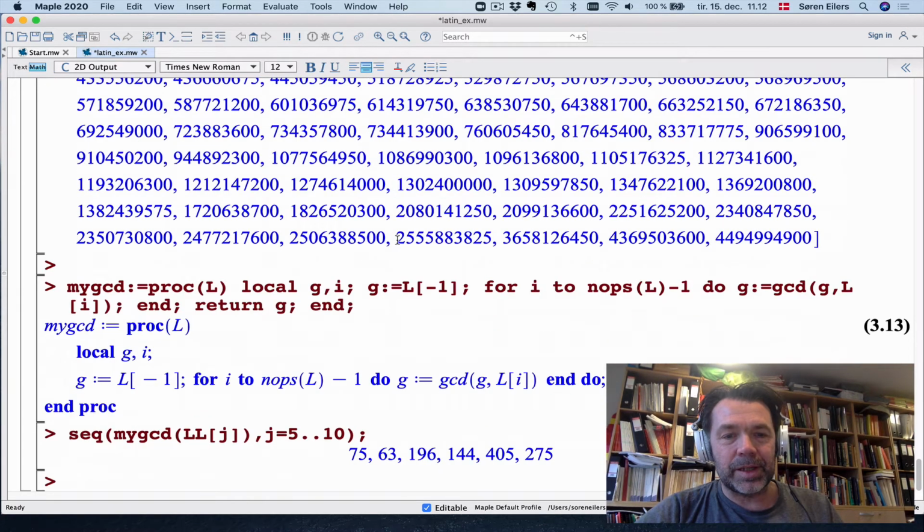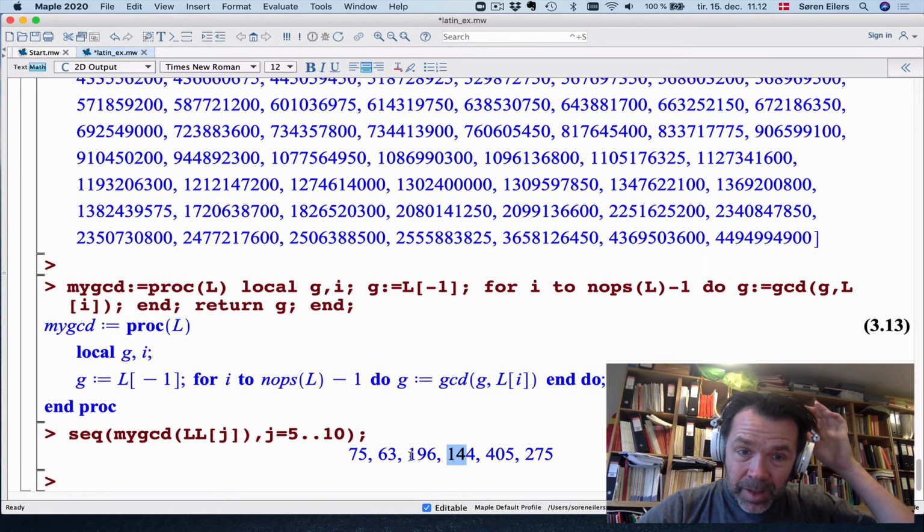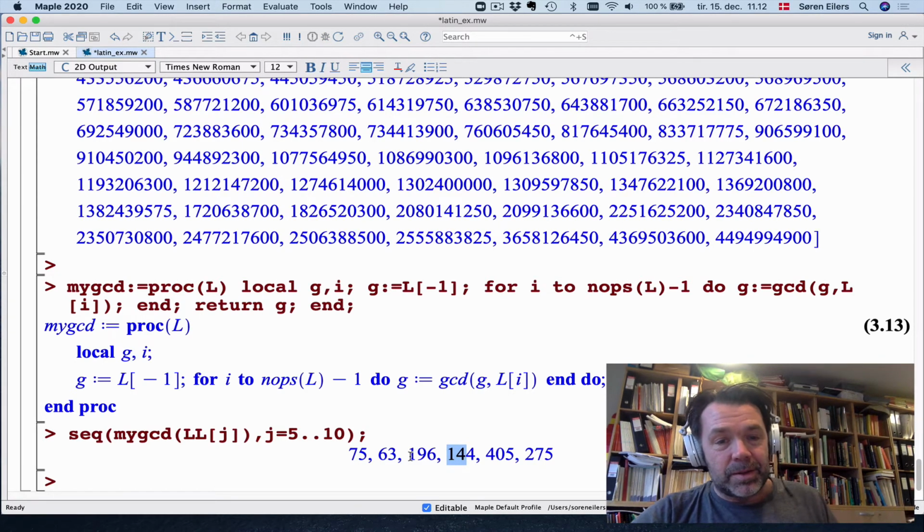And so you can see that we can actually do a lot better. These numbers are not just divisible by 5, they're all divisible by 275, and for 9 it's 504, 405, 144, and so on. And of course, this looks like something that might be interesting.